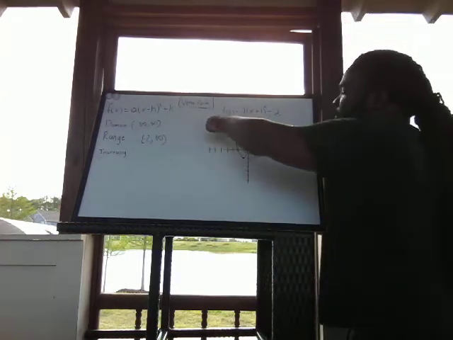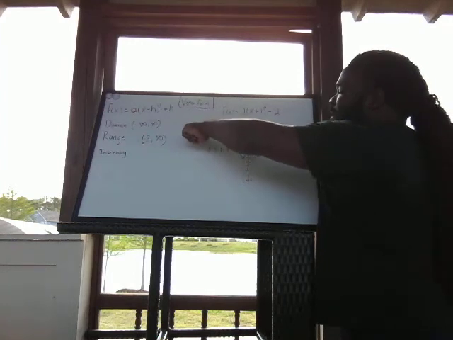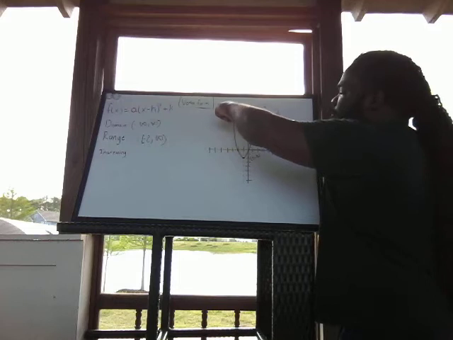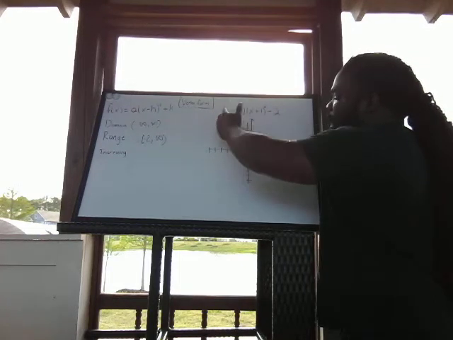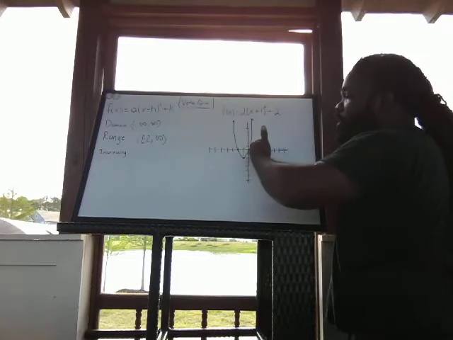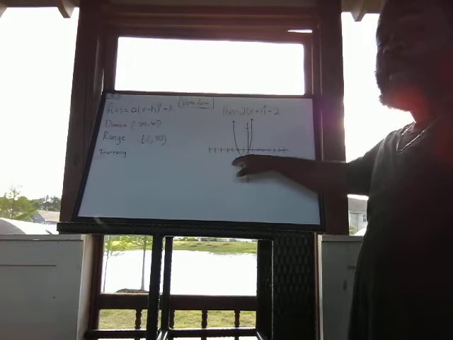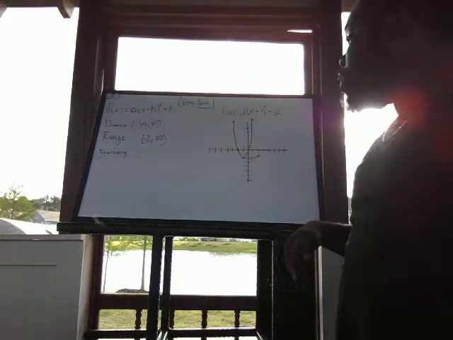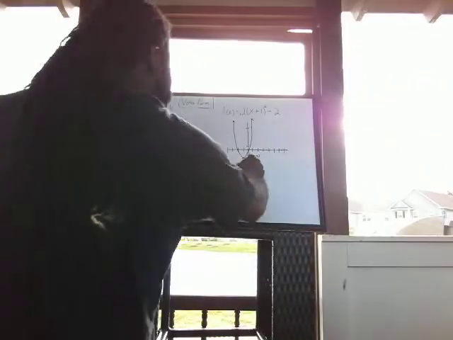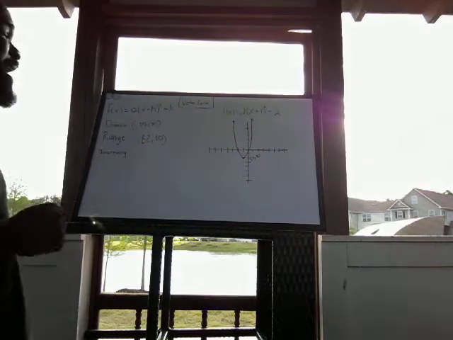As I read from left to right, as I go from negative infinity and move in this direction, when I get to my graph, what is originally happening? As I go this way, my graph starts to go down. So from negative infinity to a certain point, my graph is going to continue to go down. That point on my x-axis is going to be at -1.